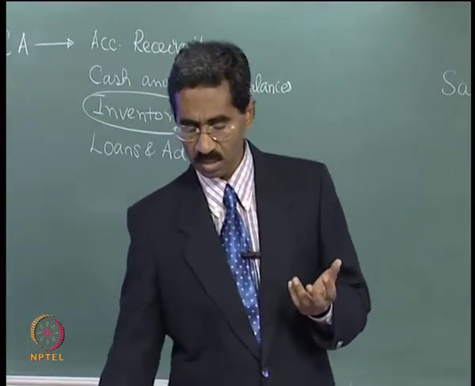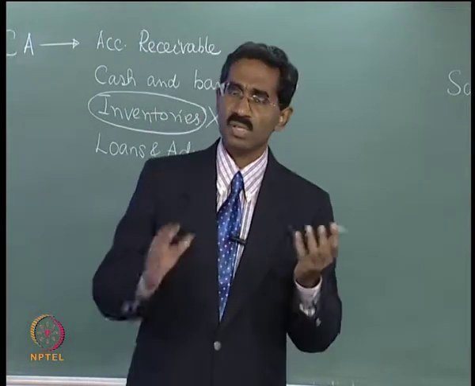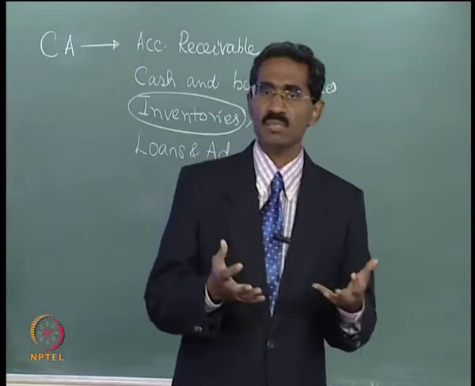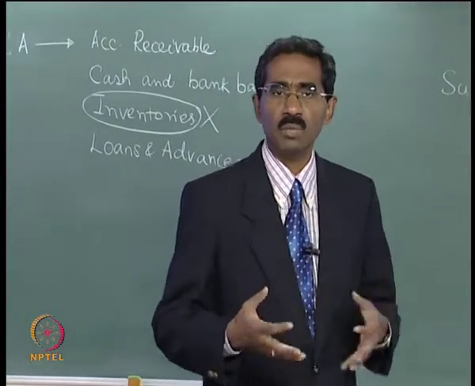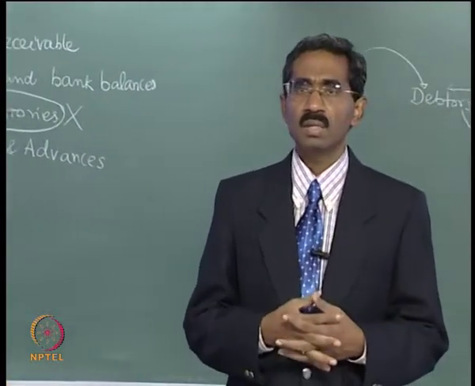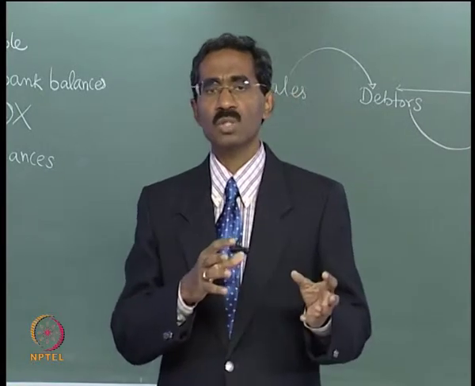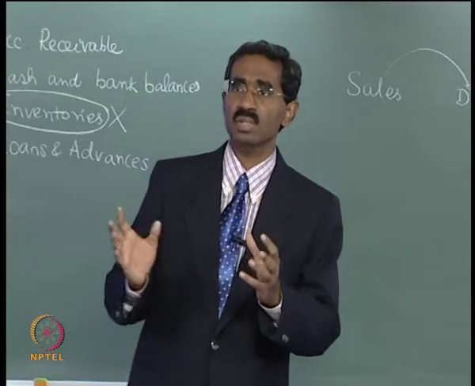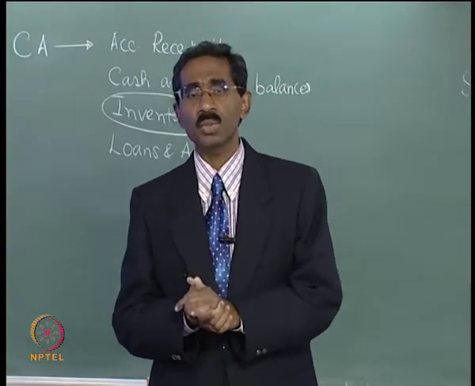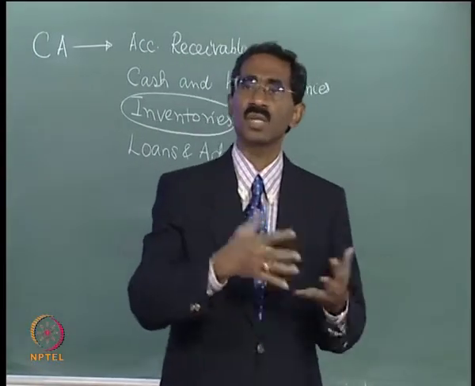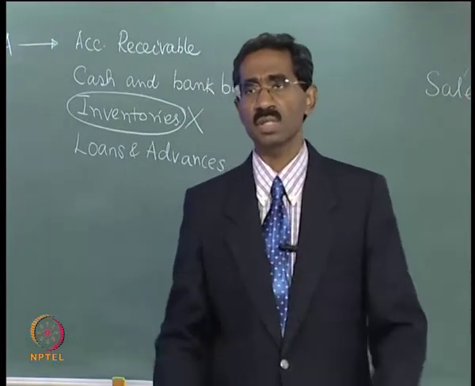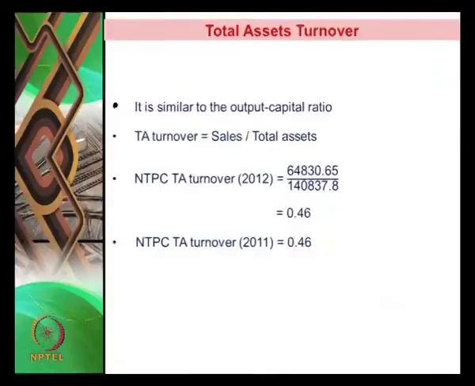So total assets is a sum of both fixed assets as well as your current assets, and if you look at it from an economic angle, it is nothing but an output and input ratio. Input is the total capital that is invested in the business, and output is the sales that the company generates. So the output to input ratio can be considered as the total assets turnover.